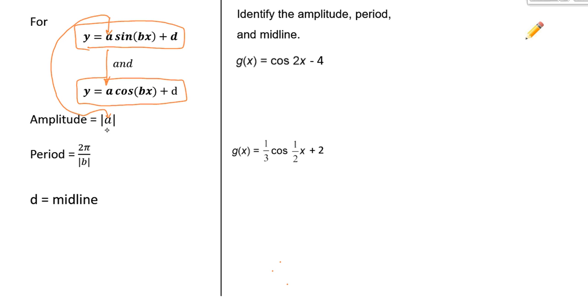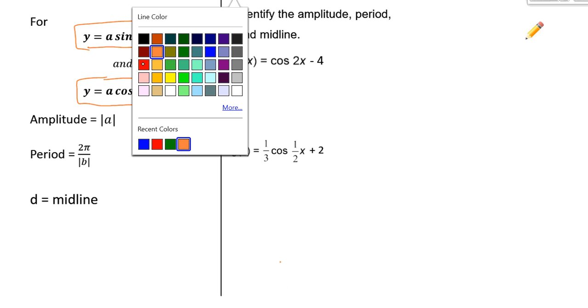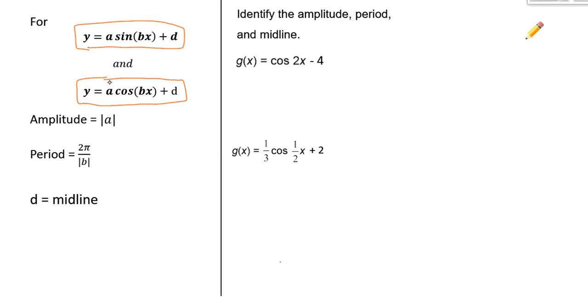But if you notice right here, there are absolute value bars around the a. What that means is the amplitude is always positive. Amplitude is a distance from the midline to the maximum or minimum. Distance is always positive. There will sometimes be a negative out in front of that a. That is not part of the amplitude. That has something else to do with the graph.